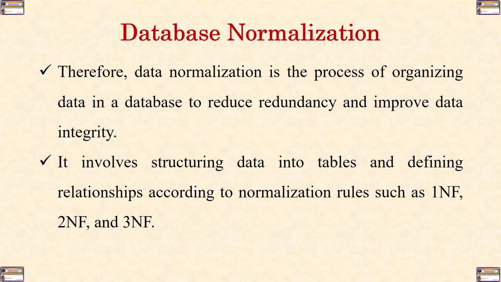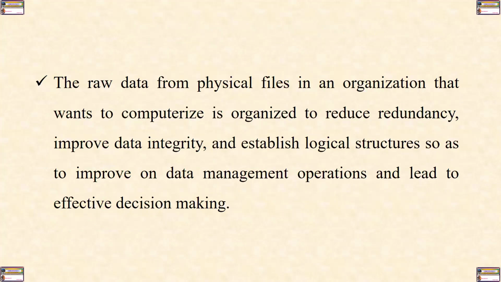It involves structuring your data into tables and defining relationships according to normalization rules, such as the first normal form, second normal form, and third normal form. The raw data from physical files in an organization that wants to computerize its data is organized to reduce redundancy, improve data integrity, and establish logical structures so as to improve on data management operations and lead to effective decision making.